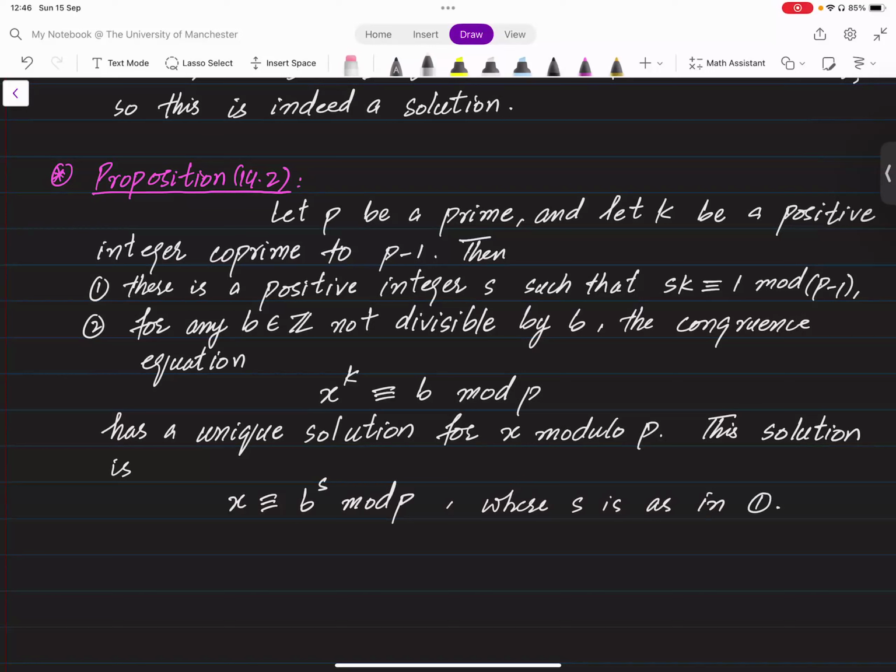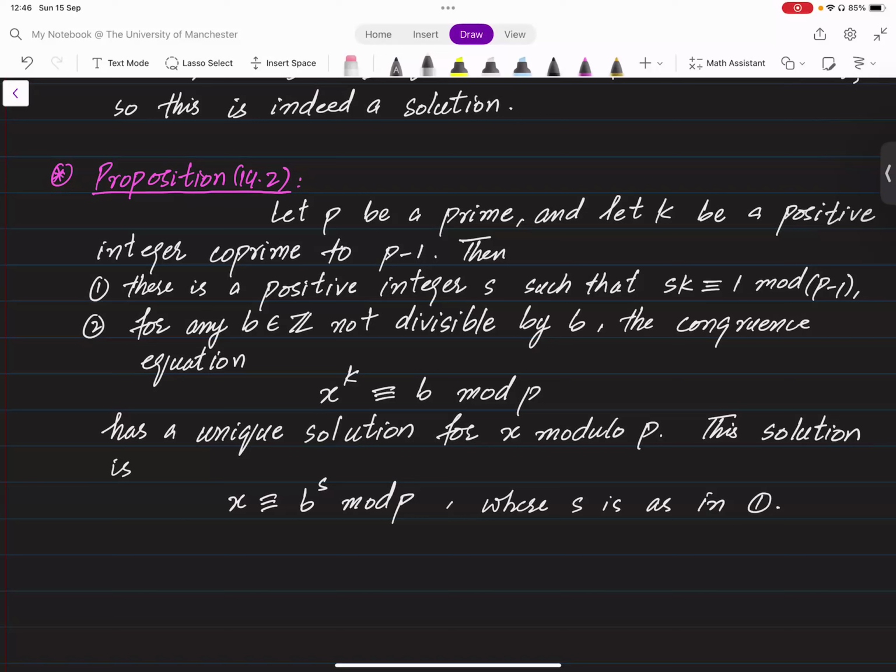So we have a prime number p and a positive integer k coprime to p minus 1. There is a positive integer s such that sk is congruent to 1 mod p minus 1.